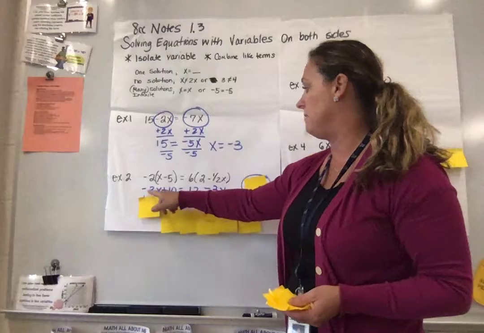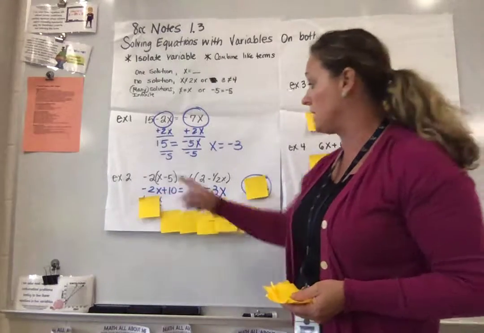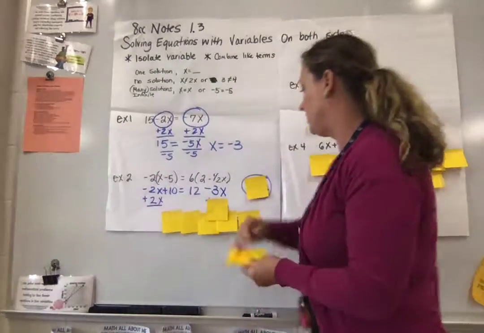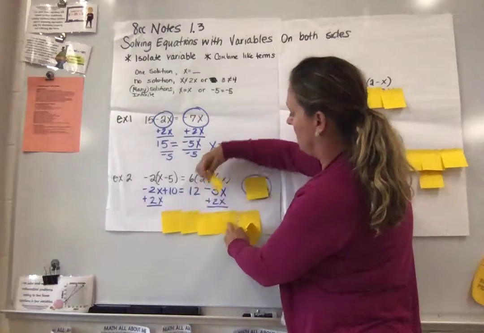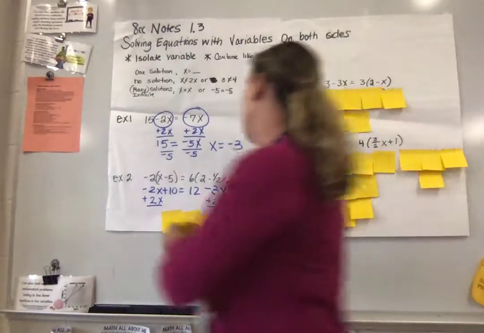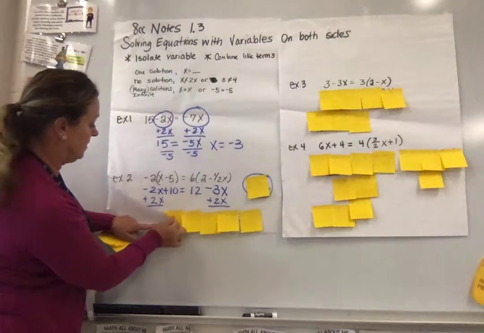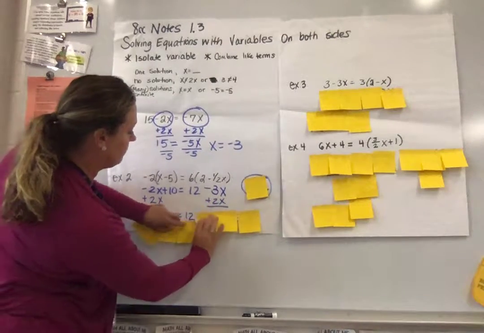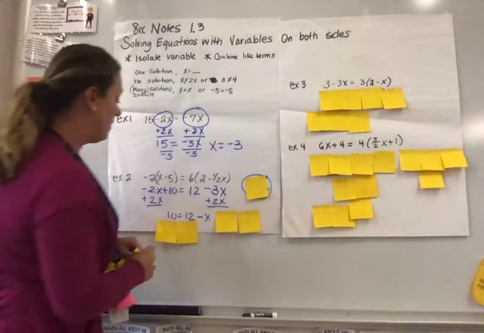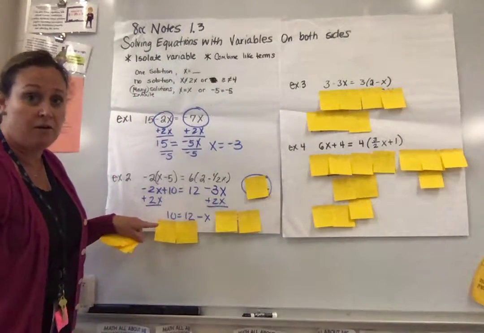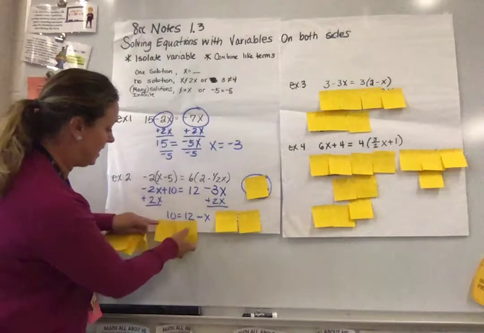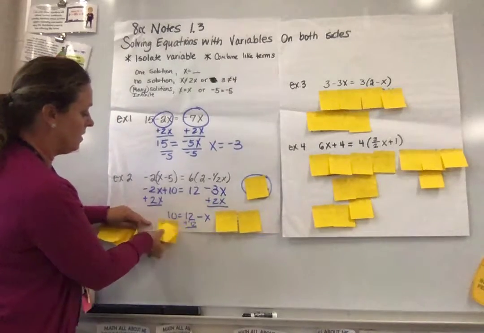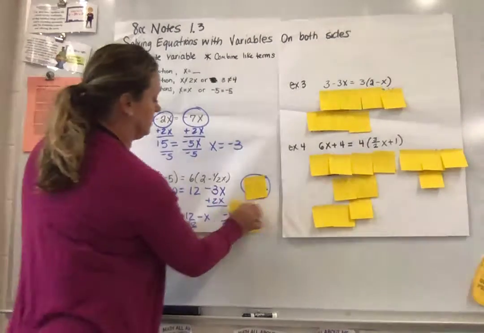I'm going to combine my -2x and my -3x by adding 2x to both sides. When we add the 2x to both sides, we end up with 10 minus x equals 12. And then my 12 and my 10 are like terms, so I go ahead and add -10 to both sides, which ends up being -x equals 2.